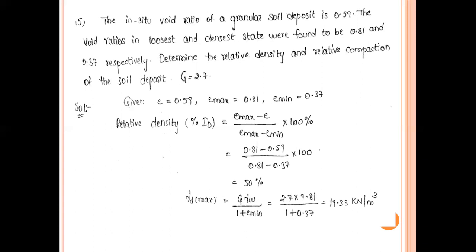Next, we find out the relative density ID. The formula is ID equals E max minus E, divided by E max minus E minimum, multiplied by 100 percent. Then substitute all the void ratios.